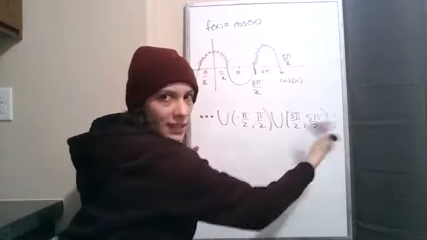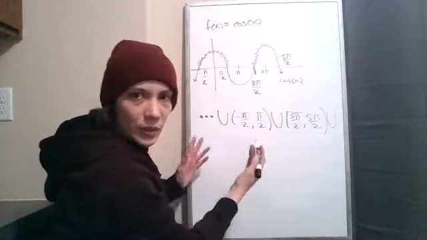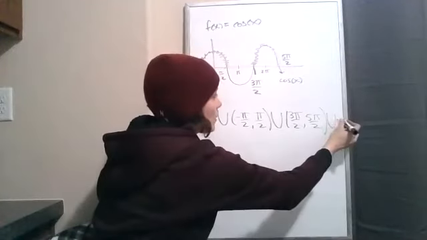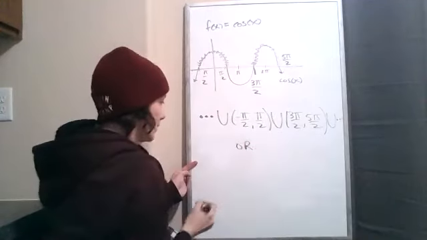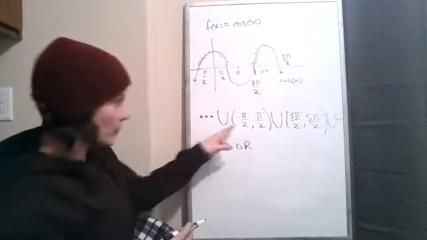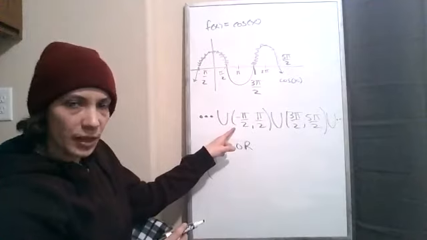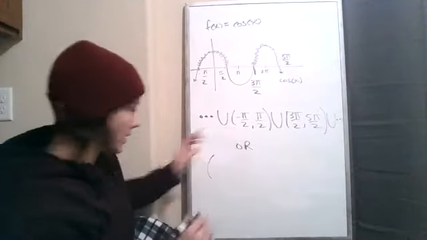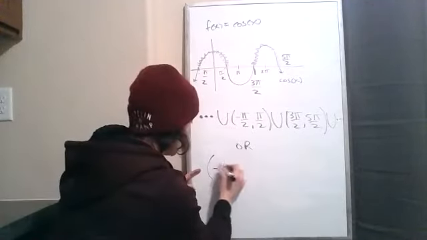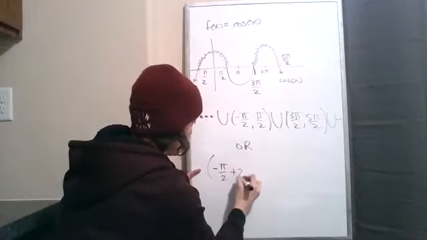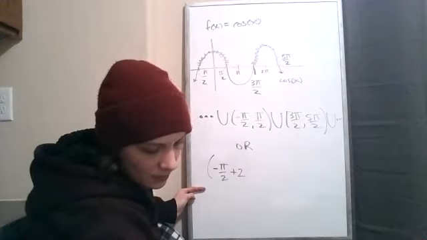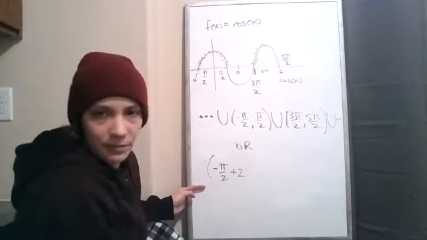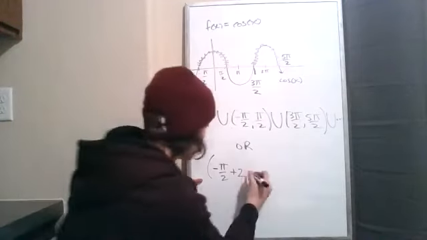Union, dot, dot, dot. I was trying to fit one more, but we'll write it like this. Go negative pi over 2 plus 2k pi to pi k, or pi k. Either way, I put pi k.